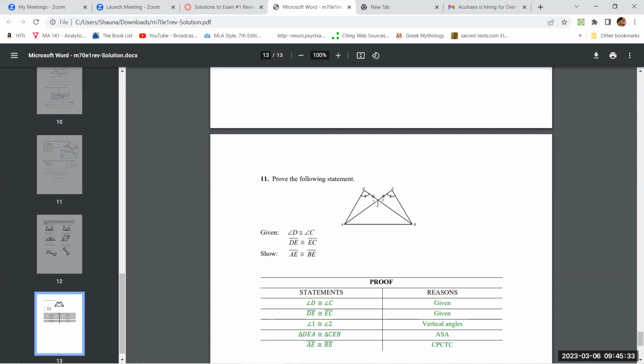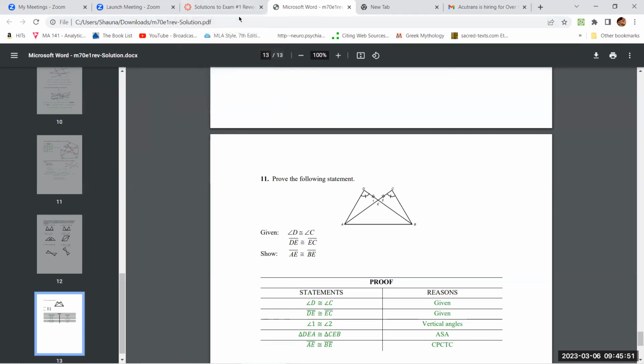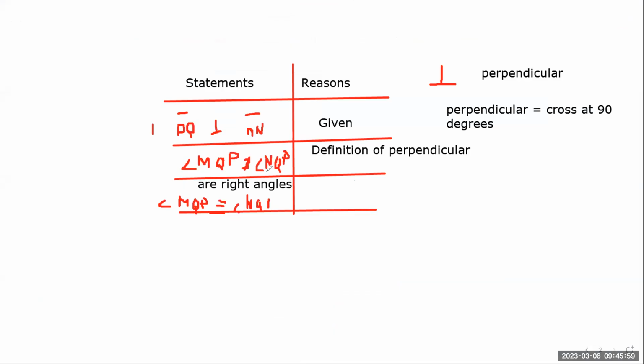Okay, so generally the proofs that she makes you do are not the hardest proofs. They're usually pretty straightforward, but you reason from the givens to something that you have a theorem for already, which is what we were doing here. If I come back to the proof that we were doing here, you were given that these are perpendicular. You know by the definition of perpendicular that they are right angles, okay?